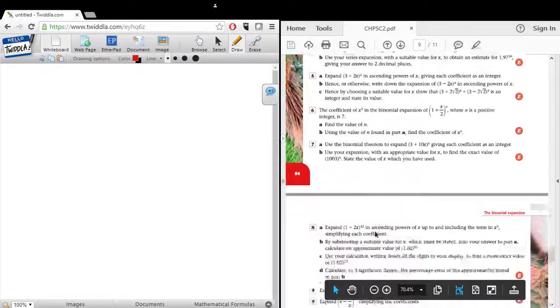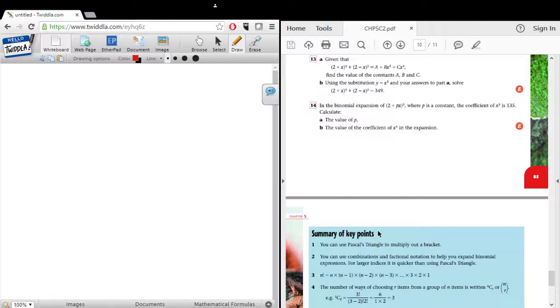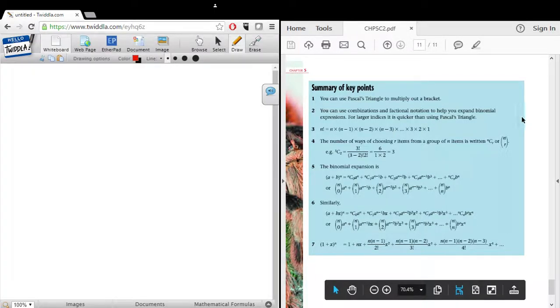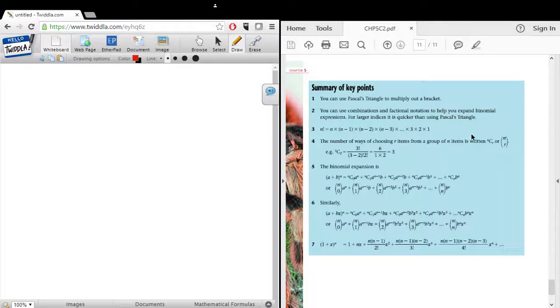And here we have the mixed questions, which symbolizes the end of this chapter. Here is the summary of key points. Once again, we discussed Pascal's triangle. We spoke about factorials and what they represent. We spoke about the other ways of resolving this particular coefficient. We spoke about the formula for the representation of the binomial expansion, two of them, just to give you a variation in how their notation would look in different books.